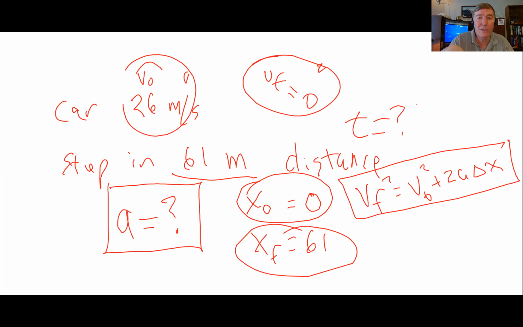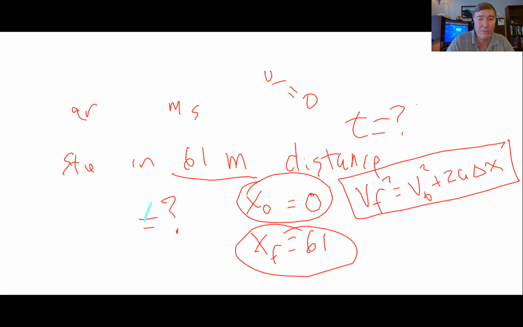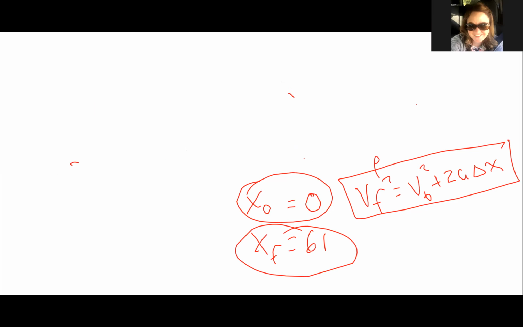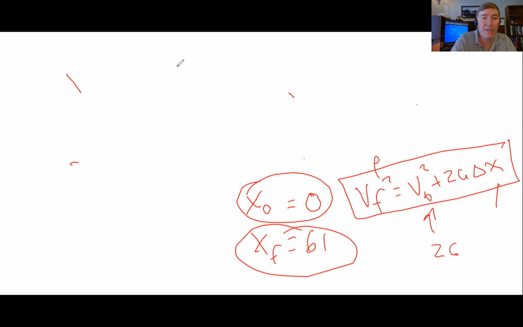So can you walk us through how you did it? Oops, I probably should not have erased those numbers. We're going to need those numbers. Okay, so V initial we said was 26, I think, right? And delta X, we know. All right, so Jennifer, walk us through. How did you do it?